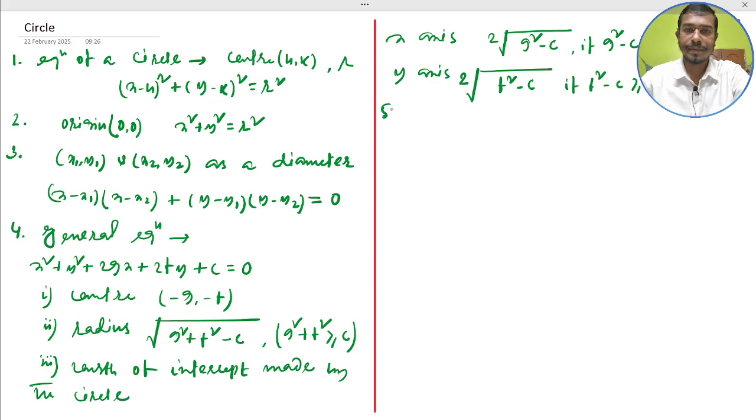Next, number 5, general equation of second degree.